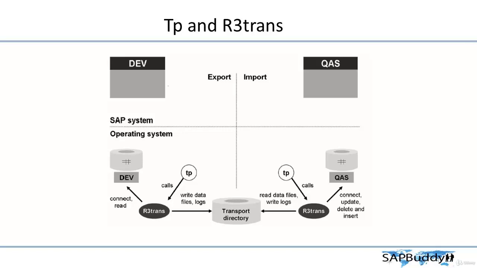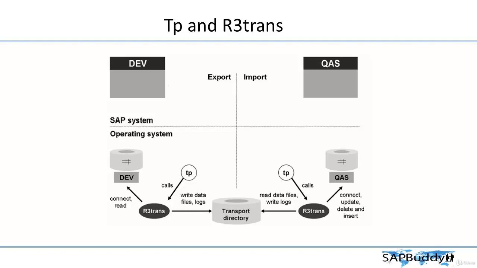R3trans has different versions, but TRs exported from one version can be imported by another version. The actual data being imported by R3trans does not depend on the R3trans which you are executing. This is also applicable for different platforms. Let's say you create a TR in an SAP system running on a Windows platform, and you want to import this TR into a Unix system.